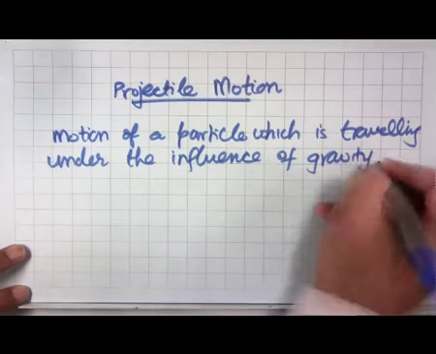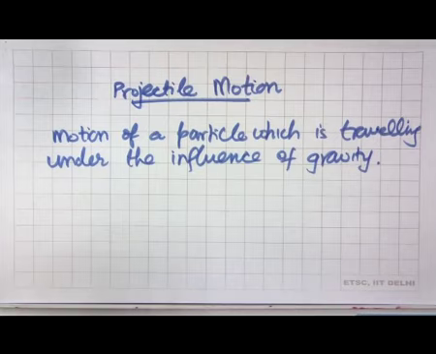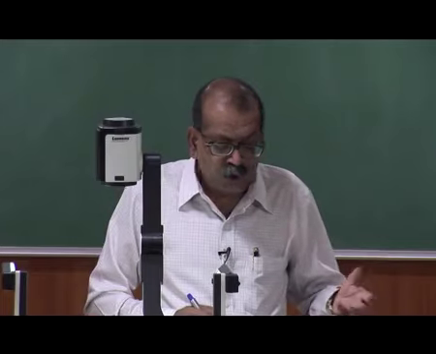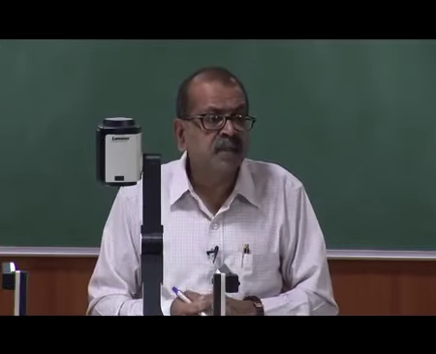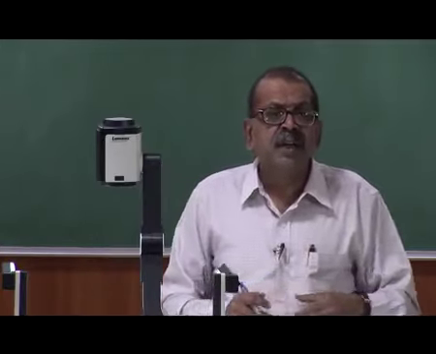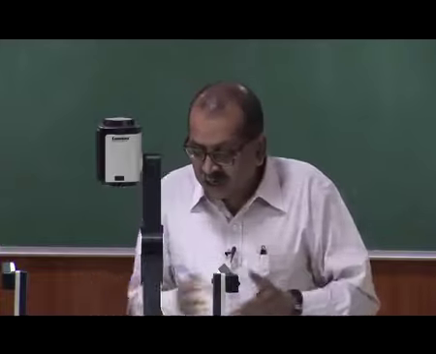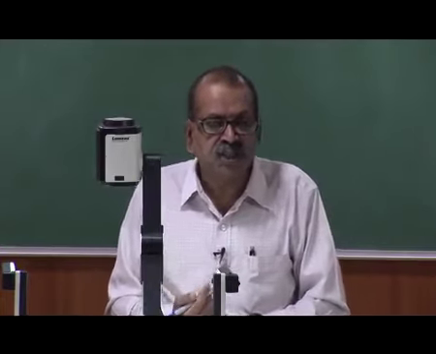So, this is a special case of motion which we have seen, of constant acceleration motion, assuming that the acceleration due to gravity does not change in the range of motion which we are considering.